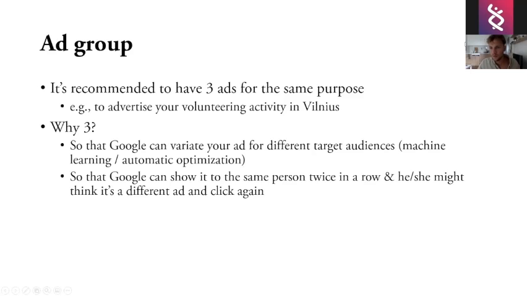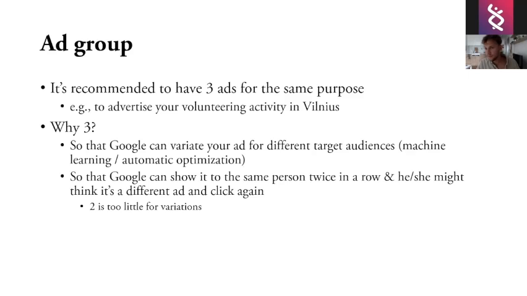So Google wants you to have more ads for the same purpose, to be able to show the same ad to the same person twice in a row, though he or she might think it's a different ad because the text is a little bit different. Perhaps you can even change the name of the link. It can be a little bit different, and that person might click on it the second time if the first time was unlucky. Okay.